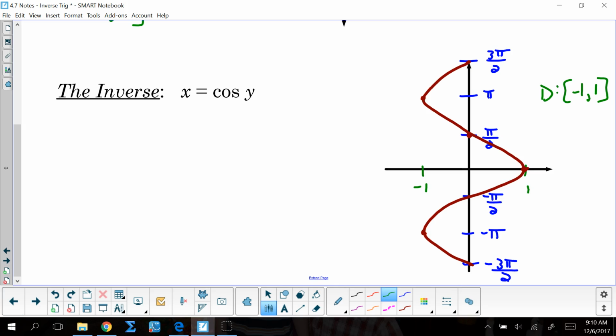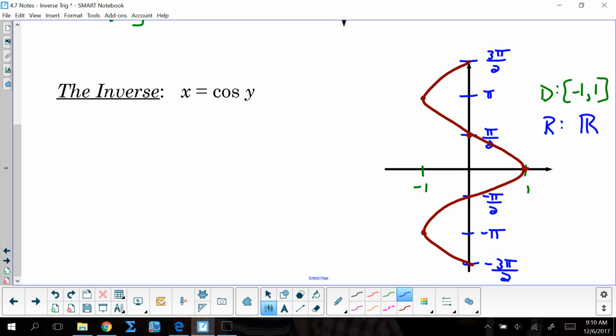What is my range? All real numbers. Okay? Those also flip-flop, or switch, I should say, because the domain is x's and the range is y, so if I switch my x and my y, my domain and my range will switch also.